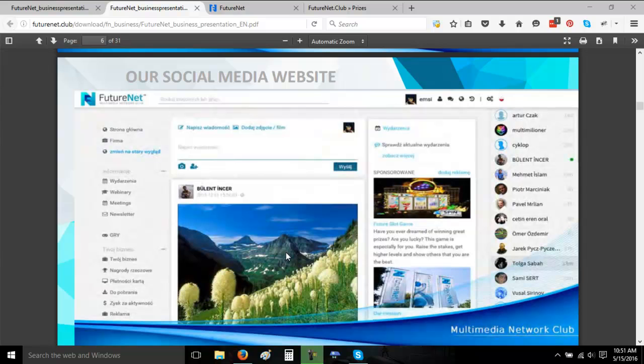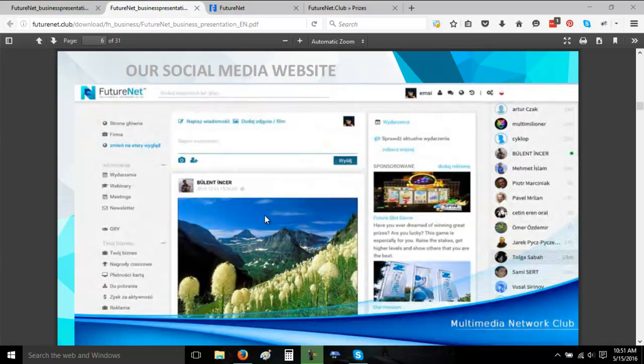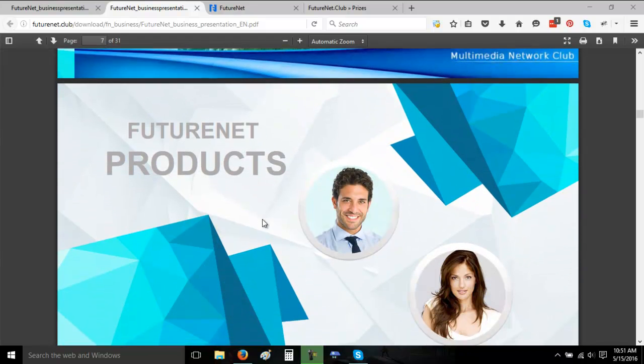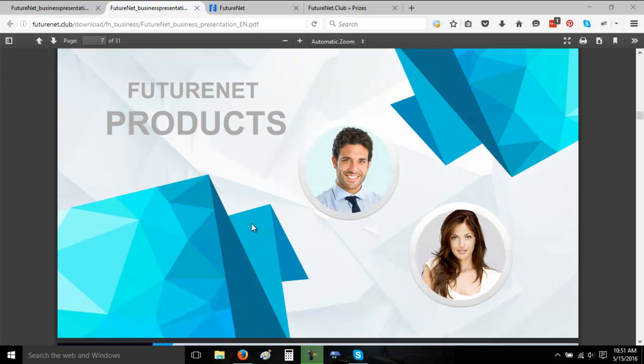This here's a screenshot of what it looks like. On the side here, you'll see where your friends would be. Right here you can see where you can have games that you can click on as well. Over on the left-hand side is where you would have things like newsletters, meetings, and webinars as well, because they also have training and videos to help you succeed with this.